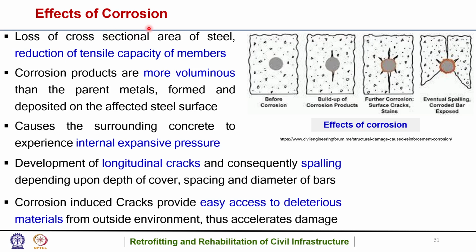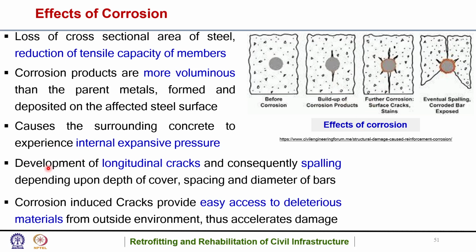So, what are the effects of corrosion? There is loss of cross-sectional area of steel, reduction of tensile capacity of members. Corrosion products are more voluminous than the parent metals, formed and deposited on the affected steel surface. It causes the surrounding concrete to experience internal expansive pressure, as can be seen here.